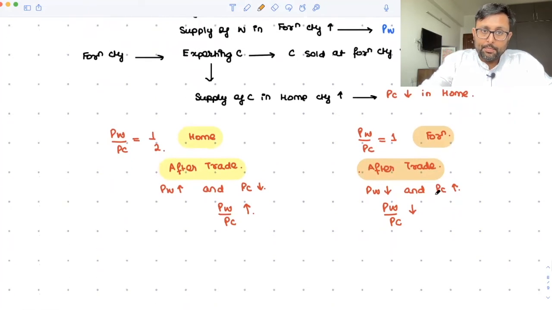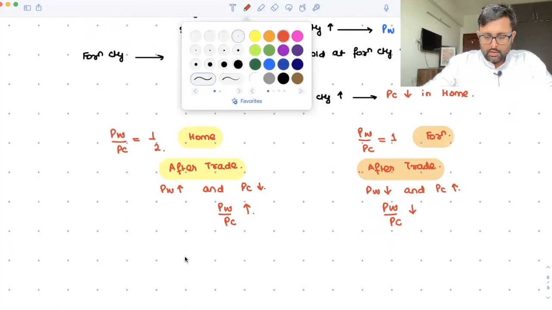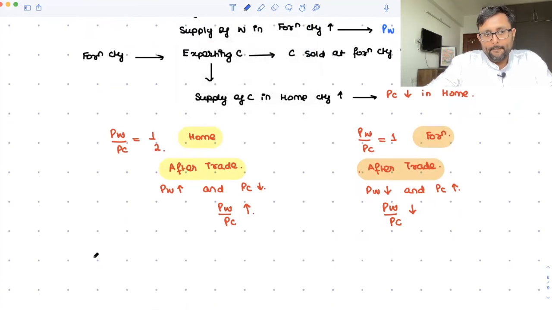So this pattern of trade will keep on moving till the point the relative prices are equalized across the countries. So the free trade equilibrium, when is this all going to stop?